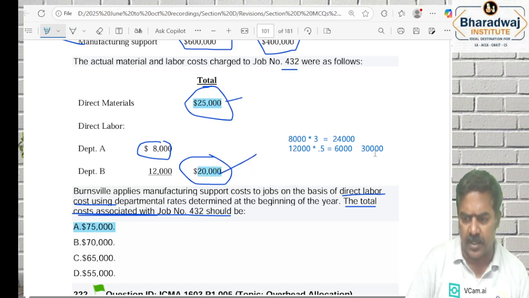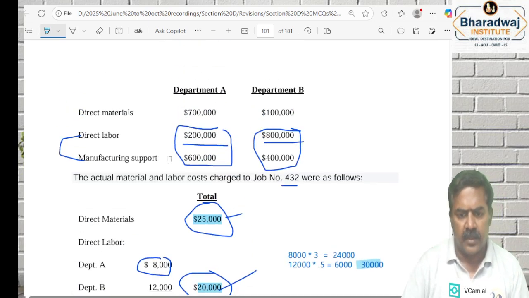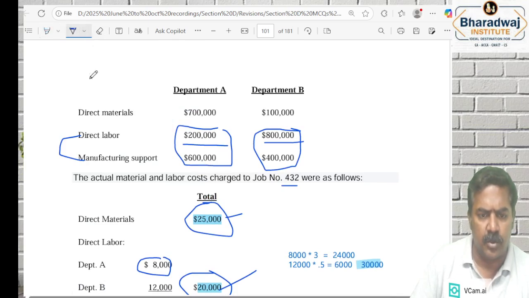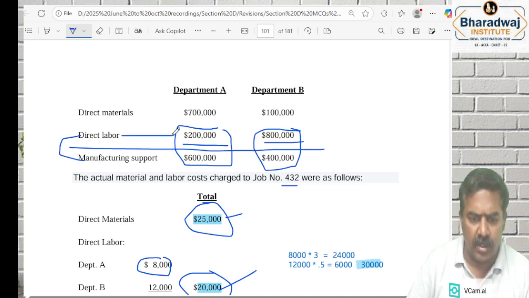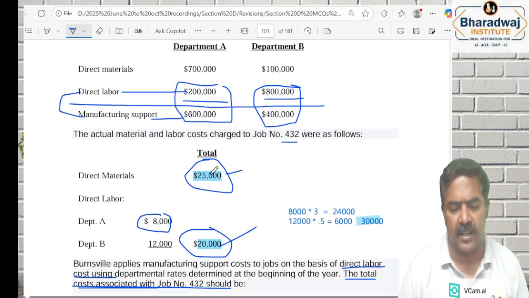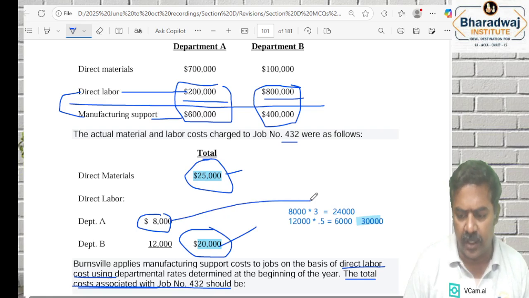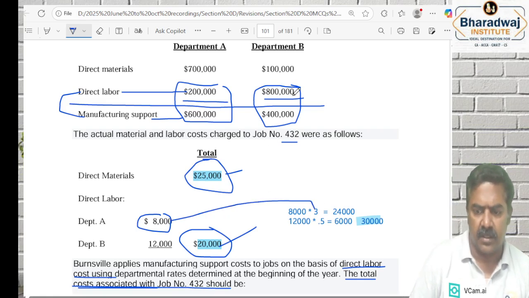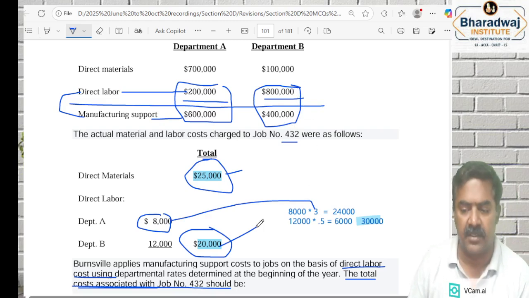Do you understand overheads application? Look at this direct labor to overheads relationship. Direct labor is 2 when overheads are 6, which means 3 times. Overheads are 3 times of direct labor. So 8,000 into 3 times. Here, overheads are half of the direct labor, 50% of direct labor.